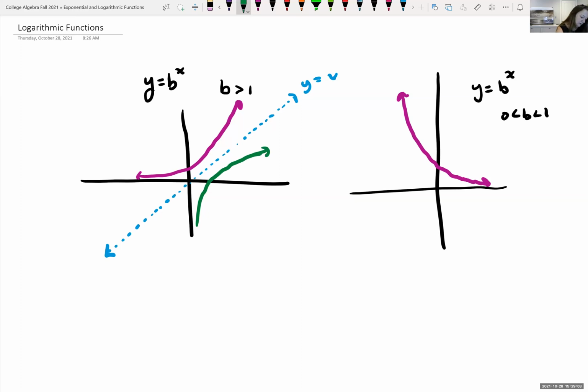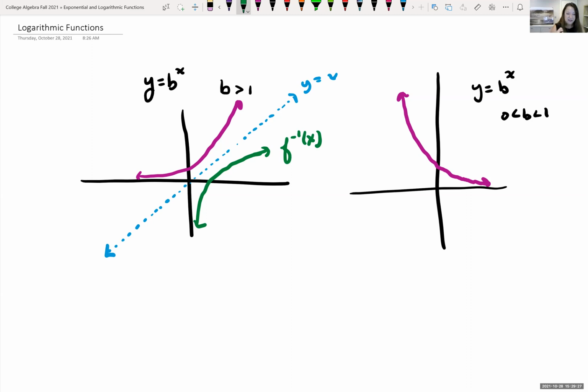More like this. Okay, same sort of idea. So this would be the inverse function. But what is that function? And we could find that function.